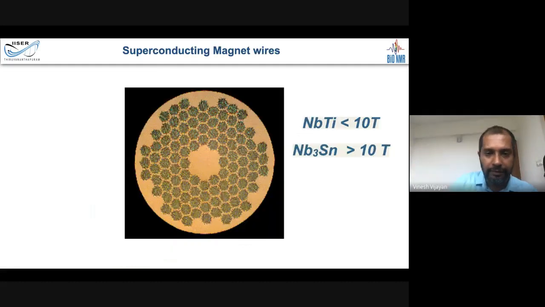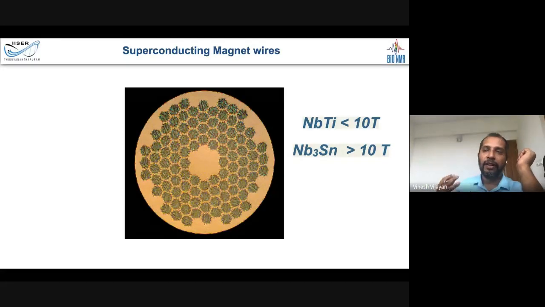For any magnet which is less than 10 Tesla, the wires that make the superconducting magnets are made of niobium titanium alloy. But anything above 10 Tesla is made of niobium tin alloy. And again, it has to be wound in a very specific way to get such a highly homogeneous magnetic field.